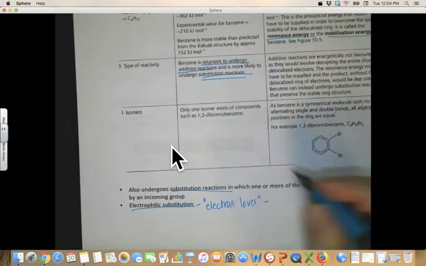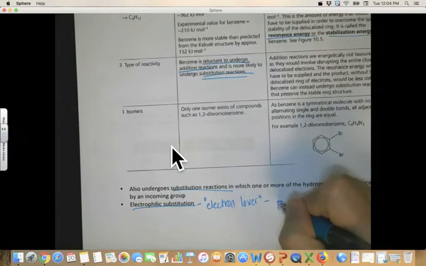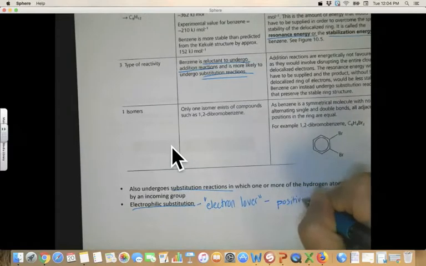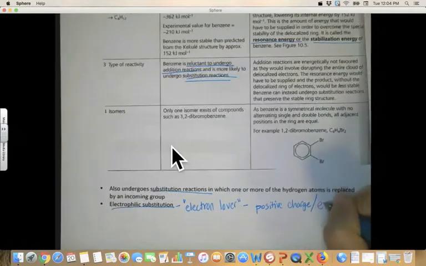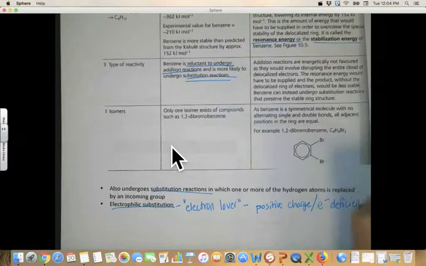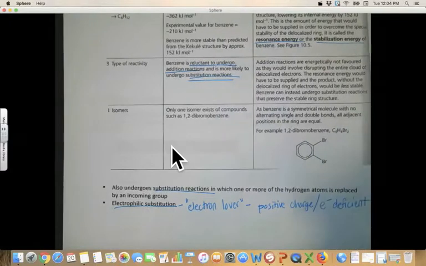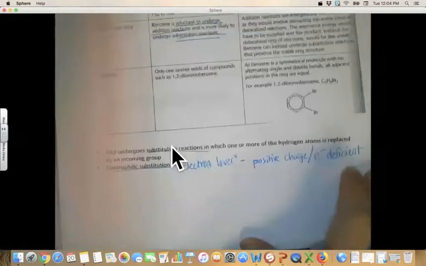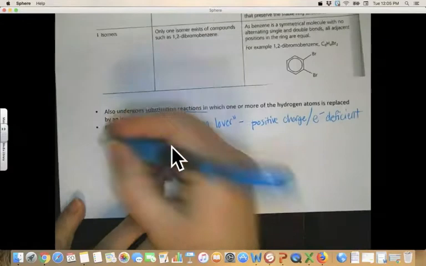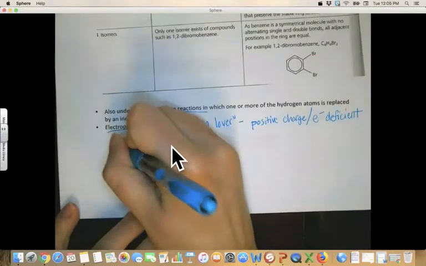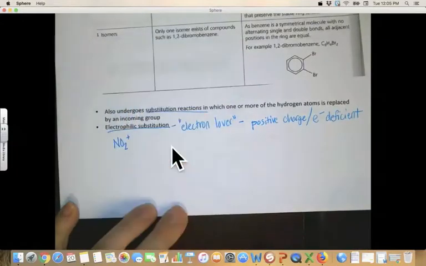Your electrophiles usually have a positive charge, or they're electron deficient. The one electrophile for you to know is this little guy.